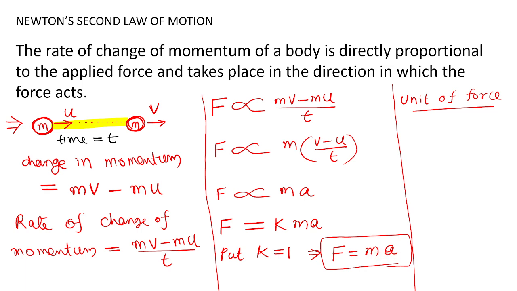Kilogram meter per second square is denoted by Newton, N. Newton is denoted by the symbol N. So the unit of force is Newton. Understood? All of you clear? Trisha, Diya? Yes, sir.